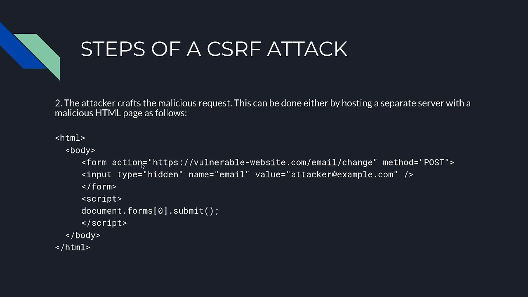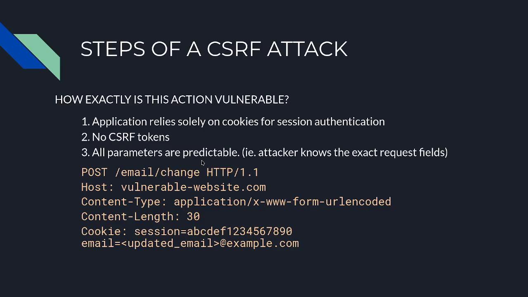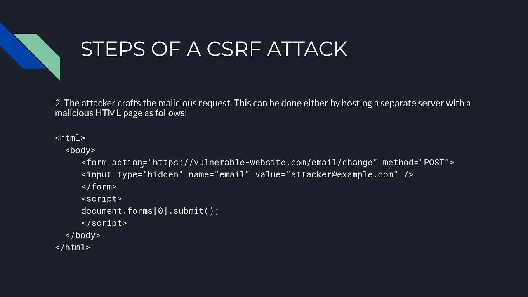Action equals vulnerablewebsite.com/email/change. Keep in mind, this is the same URL for the email updation that we saw here. So this action sends a POST request to this URL, which leads to an updation of the email. And then this would be a hidden form within the website.